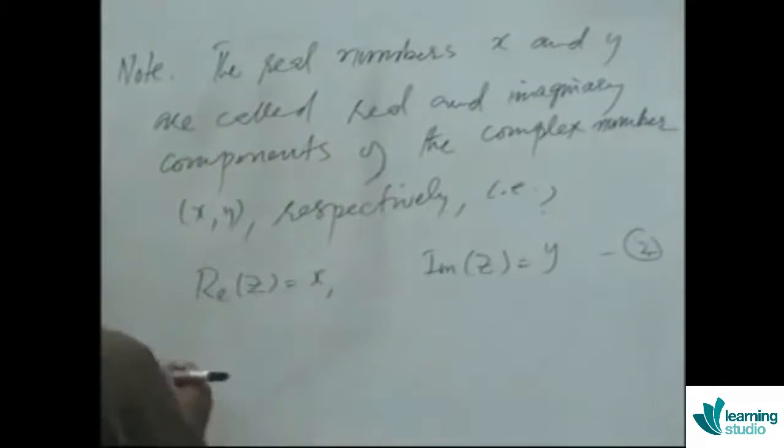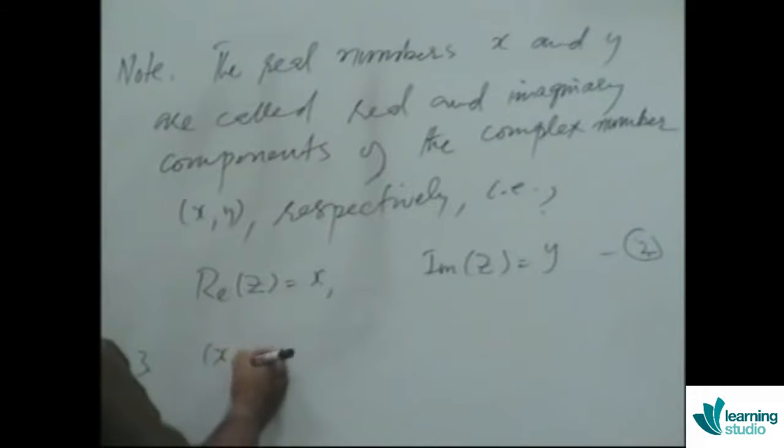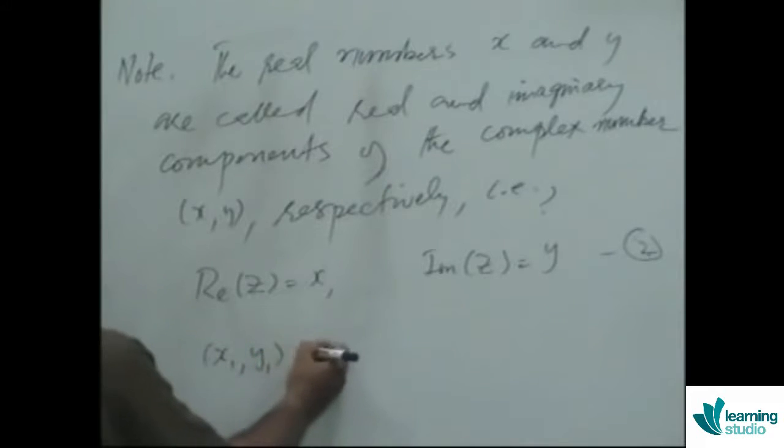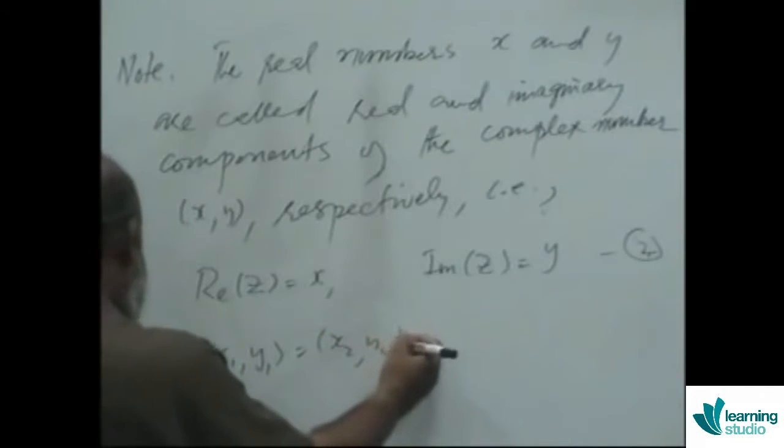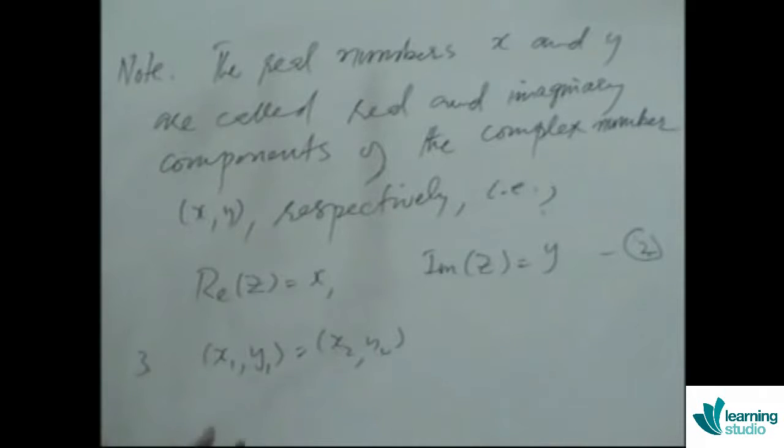One, two, and three. (x1, y1) is equal to (x2, y2). That means two complex numbers are said to be equal.